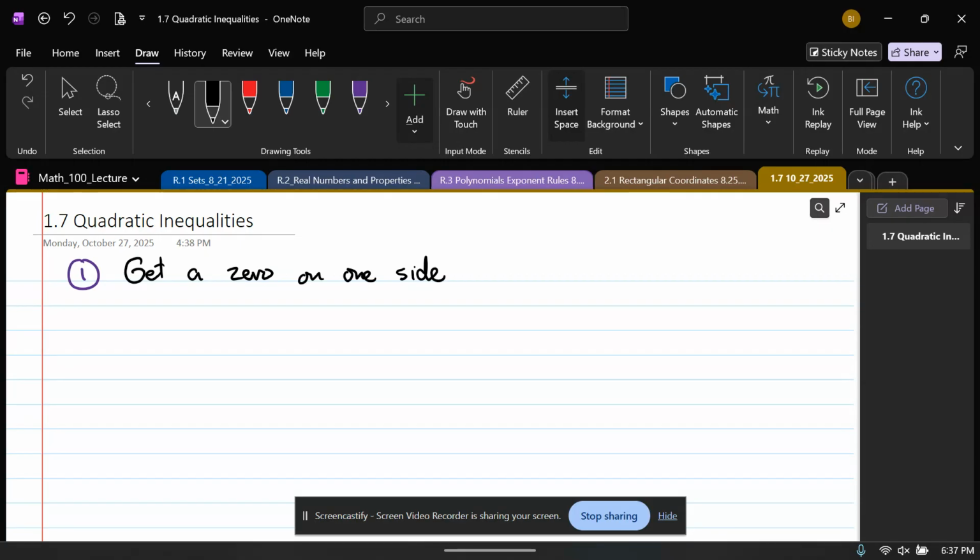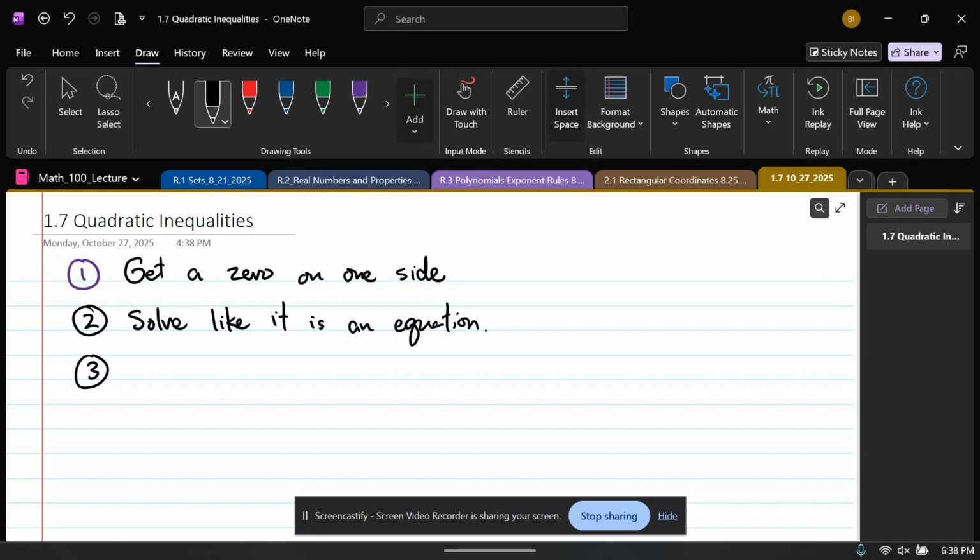We got it equal to 0, okay? Step 2, solve like it is an equation. So factoring, square roots, quadratic formula, any of those methods for solving that, okay?